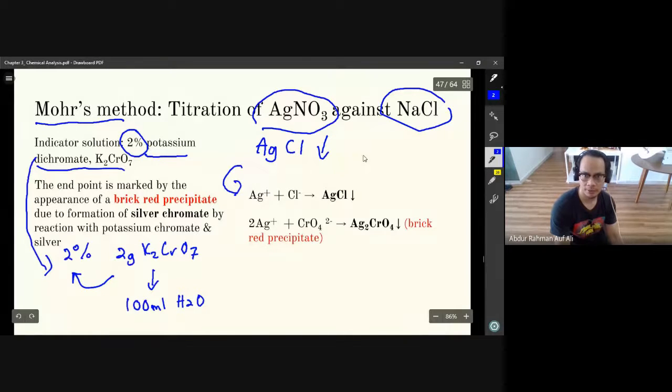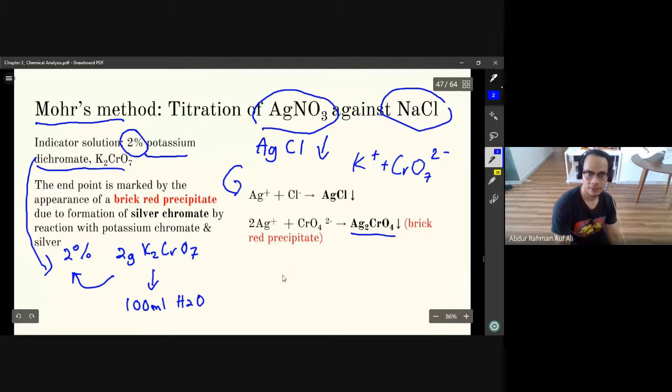So the indicator also dia akan pecah jadi K plus tambah CrO7 minus. So this is where this thing comes from. So the Ag from the AgCl, which is the precipitate, akan bertindak balas with the CrO7, and then dia akan form a brick red precipitate, Ag2CrO4.